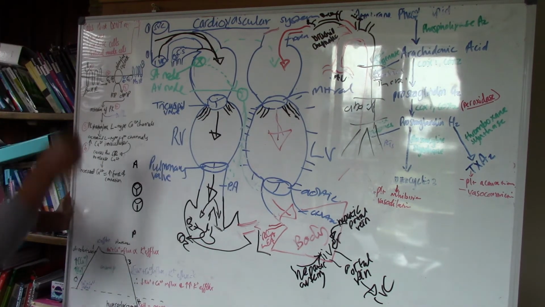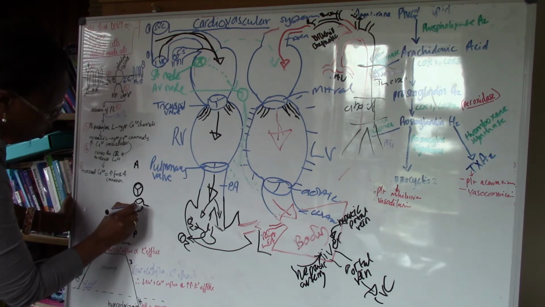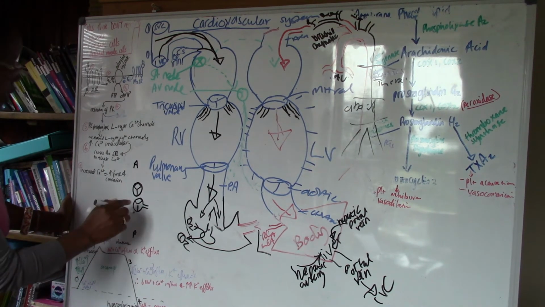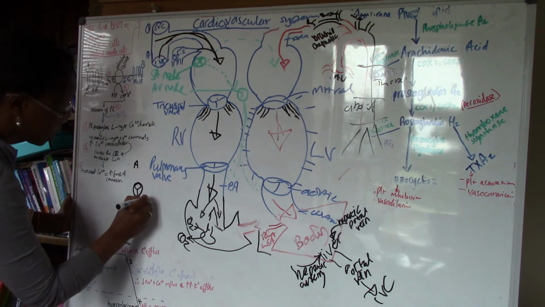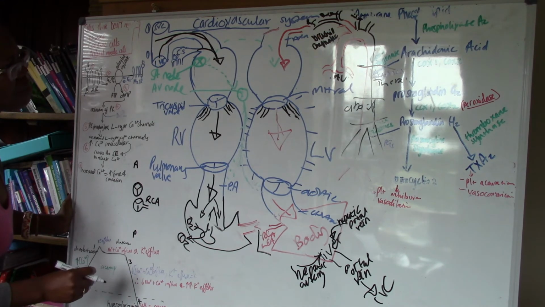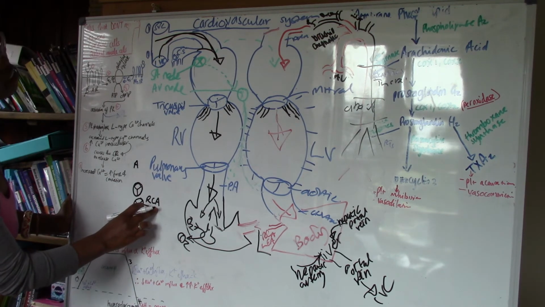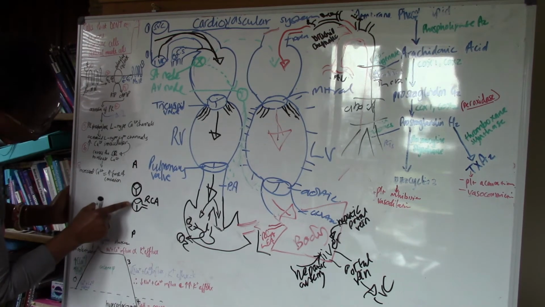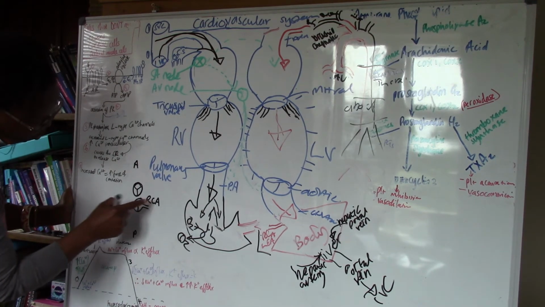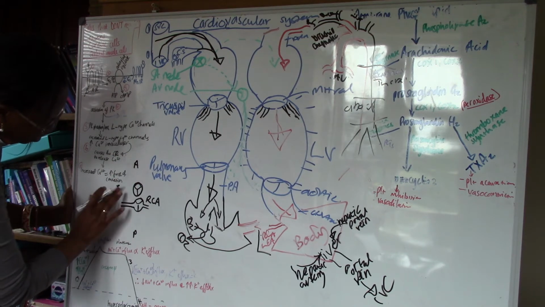So if we're to look at the superior aspect, we'll find that the right coronary artery arises from here, and the left coronary arises from here.